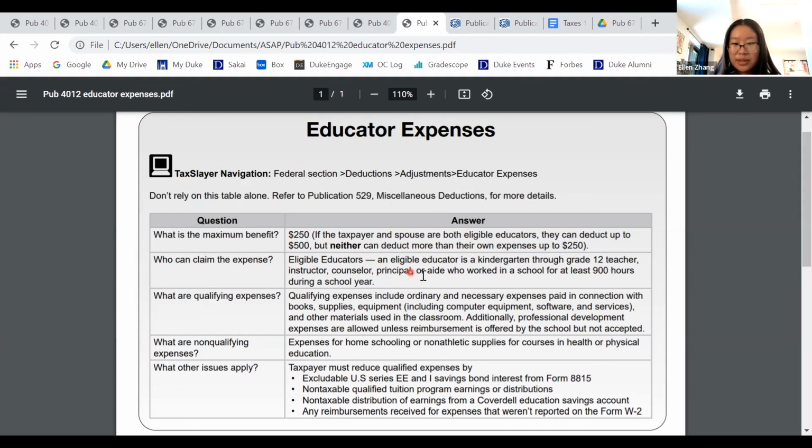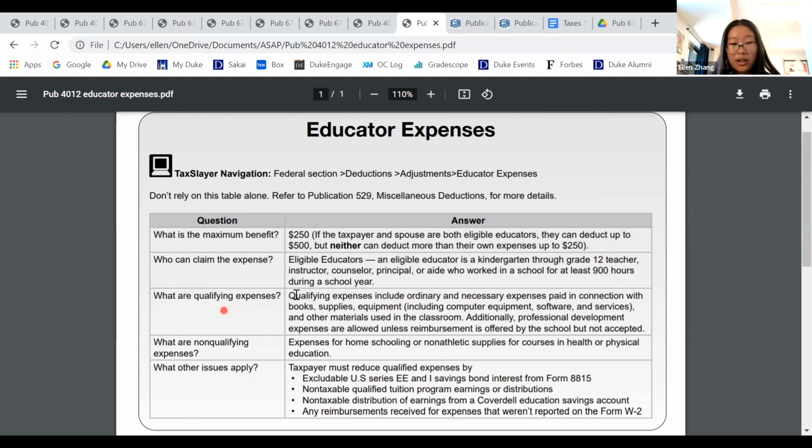In the next box, we see an eligible educator is a K through 12 teacher, instructor, counselor, principal, or aide who worked in school for at least 900 hours during the school year. This is a big kicker here, and is often the big limitation of this adjustment, is that they must have worked for at least 900 hours. So many substitute teachers do not qualify for this adjustment.